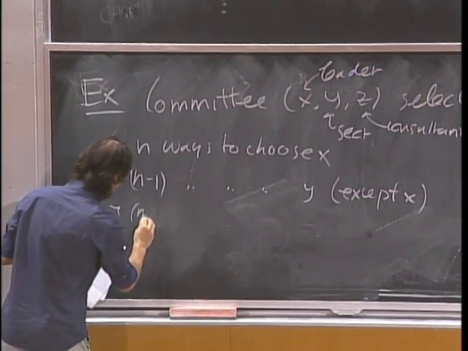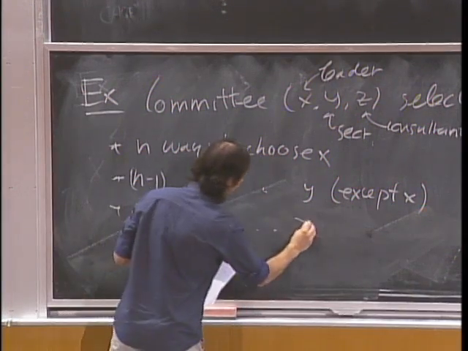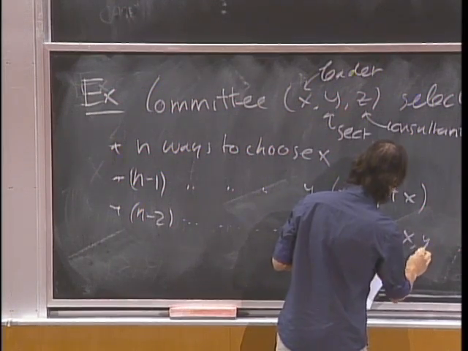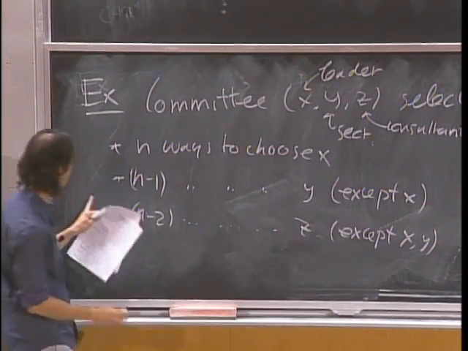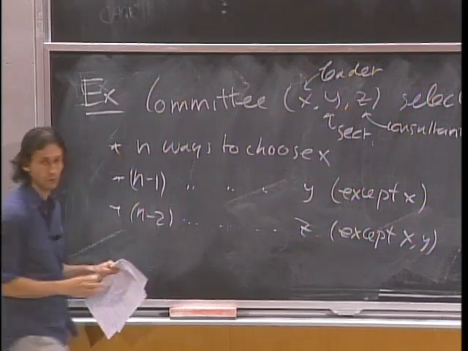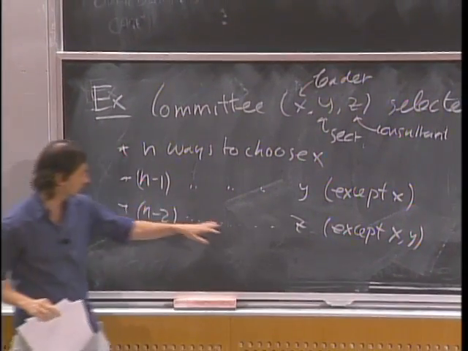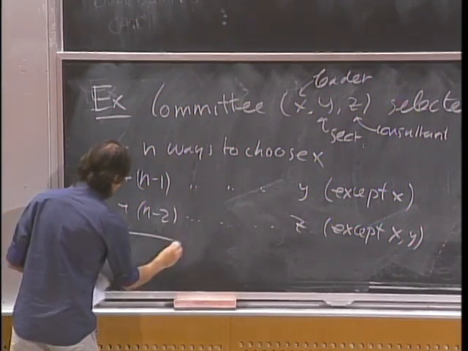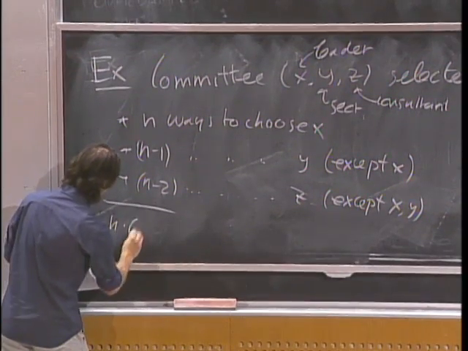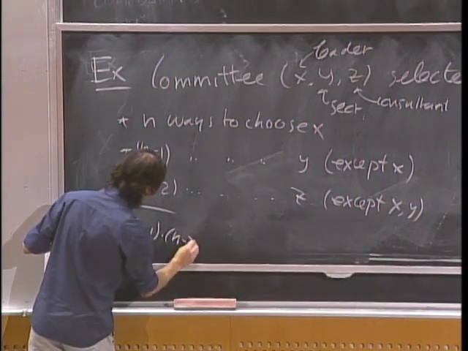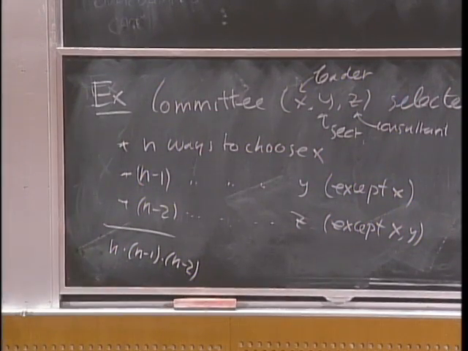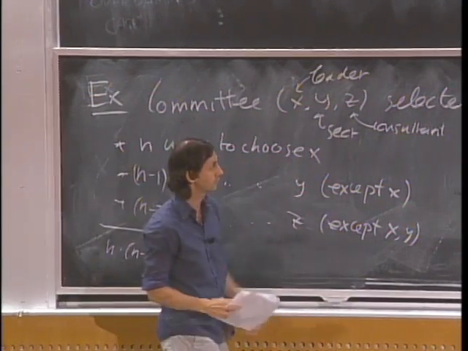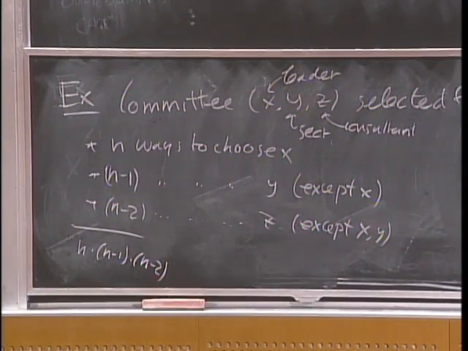And then I will have n-2 ways to choose z, except x and y. So for each x, I have only n-1 ways to choose y. For each x and y, I have only n-2 ways to choose z. So if I multiply all this together, I get n times n-1 times n-2. This is the total number of possible committees that I can select from an n-member set of people.